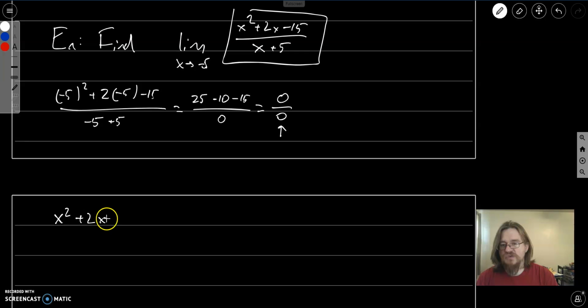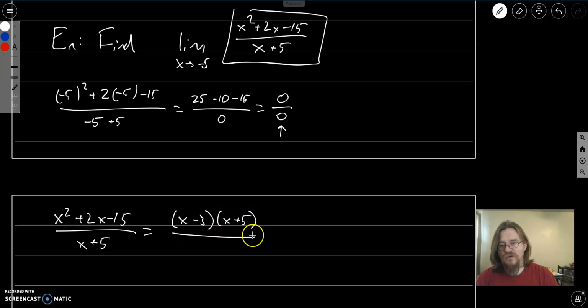X squared plus 2x minus 15 divided by x plus 5, the top factors. The top will in fact factor to x minus 3 times x plus 5. And here, I can cancel an x plus 5 off the top and the bottom, and get that this is equal to x minus 3.